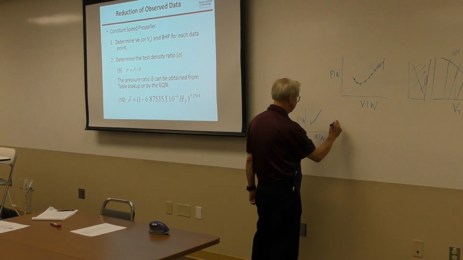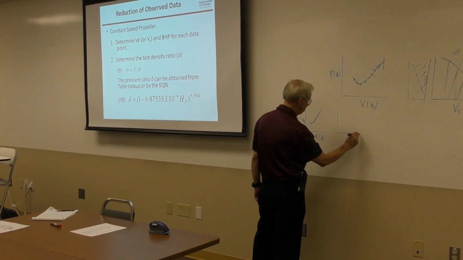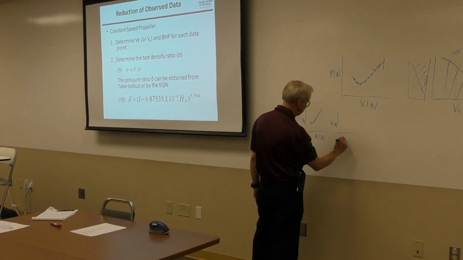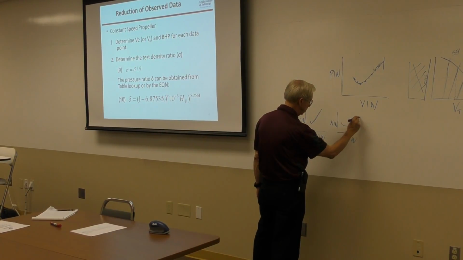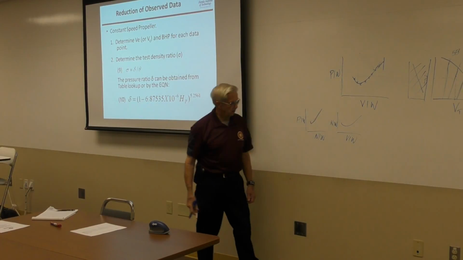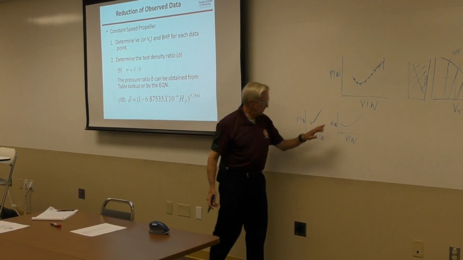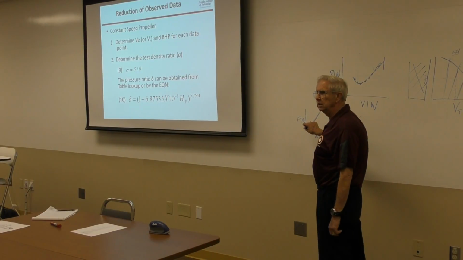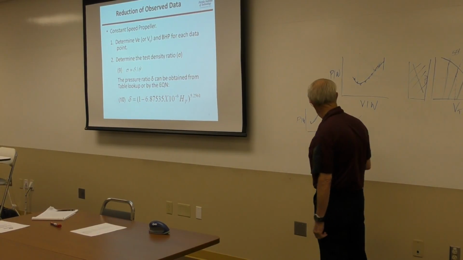And then you have to have a second one, NIW, which is propeller RPM normalized, times VIW. And there you end up getting, with this one, you can develop a propeller chart for the engine.